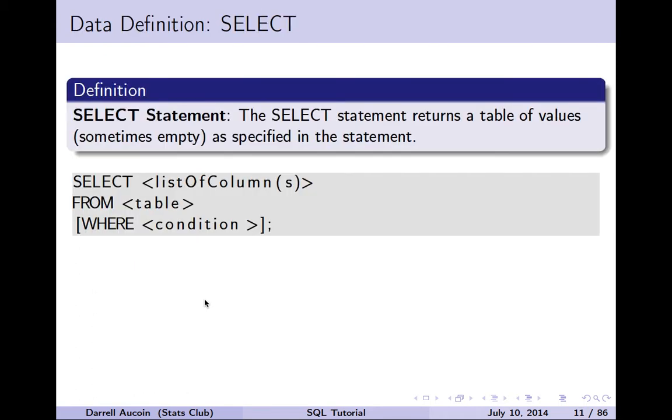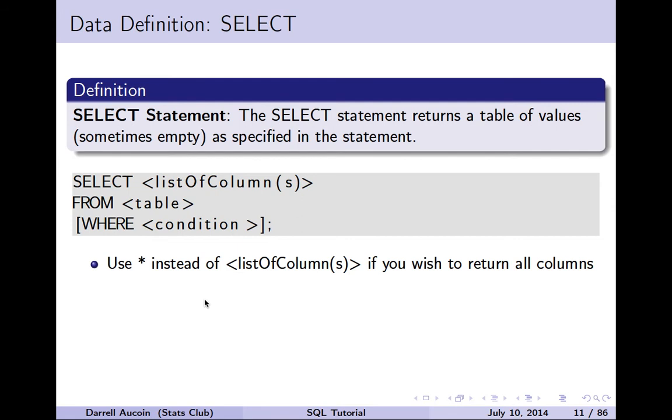So let's go into various statements. A select statement returns a table of values. Sometimes it could be empty, as specified in the statement. For instance, you select a list of columns from a table, and you could also specify where, what kind of condition. There are also other clauses that I'm going to go into later on.